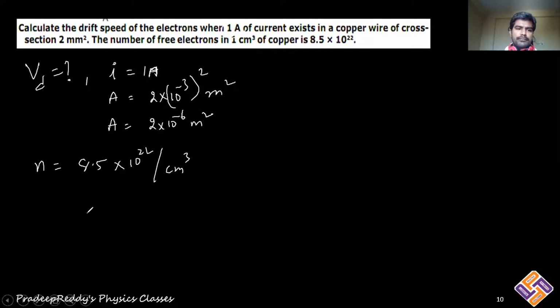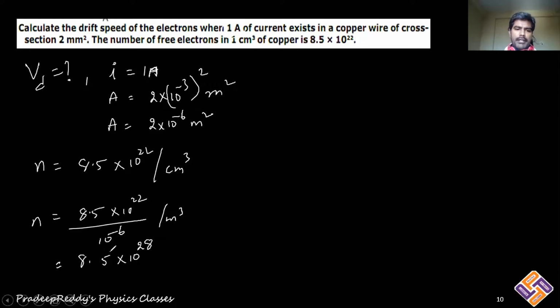This gives you 8.5 into 10 power 22 divided by centi, which is 10 power minus 2, whole power 3, that is 10 power minus 6 meter cube. That is finally 8.5 into 10 power 22 times 10 power 6, which becomes 8.5 into 10 power 28 per meter cube.